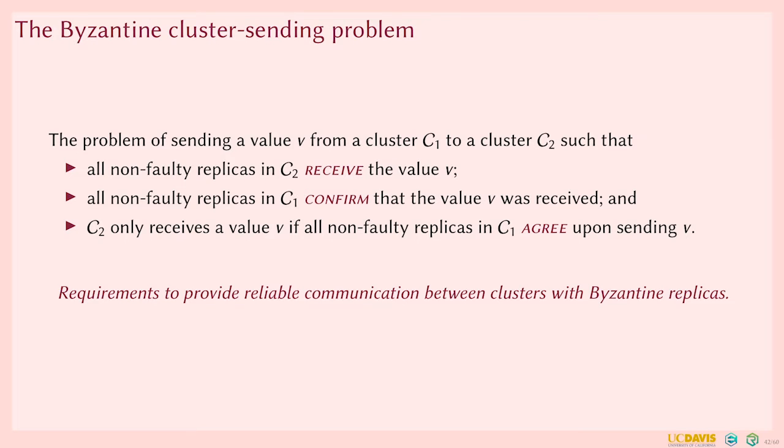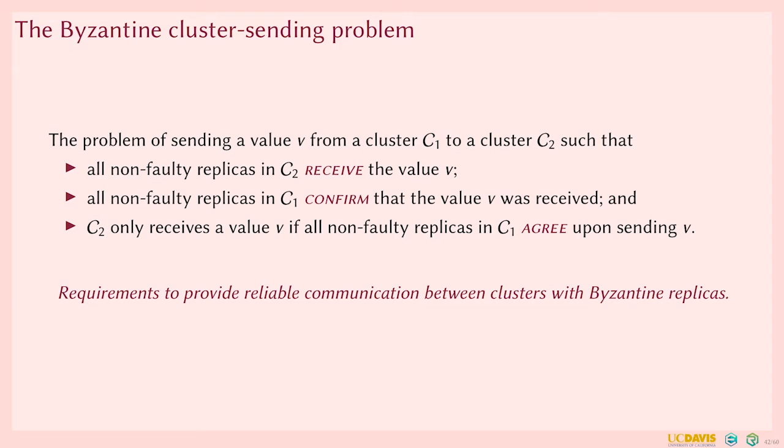And the sending problem can be formalized as follows. We have a cluster C1 and a cluster C2. C1 wants to send some value to cluster C2, and we want to do that in such a way that all replicas in the second cluster will receive this value. The replicas in the first cluster will get some confirmation that that value was received, and the replicas in the second cluster will only receive a value if the sending cluster actually agreed upon sending this value.